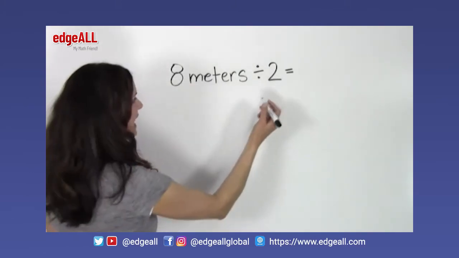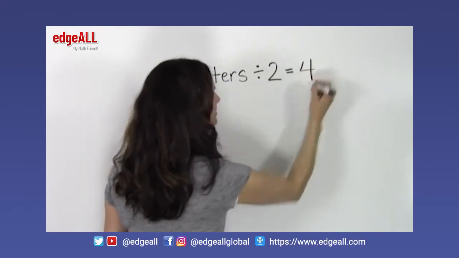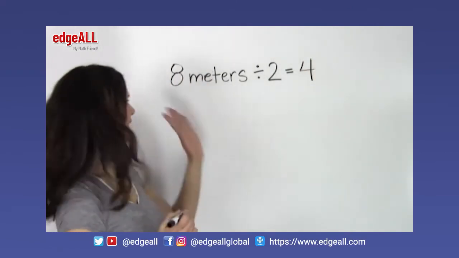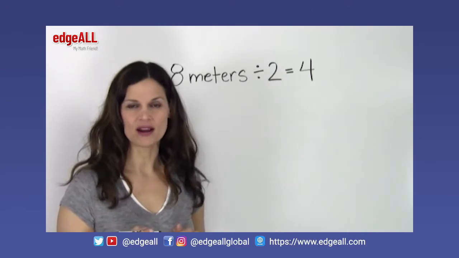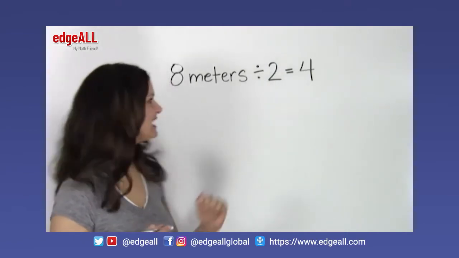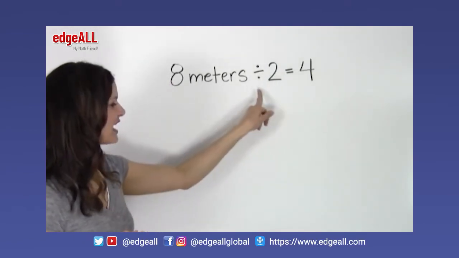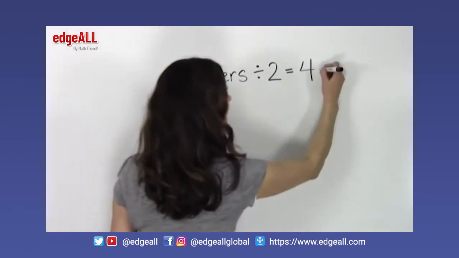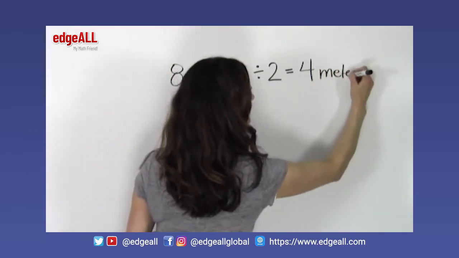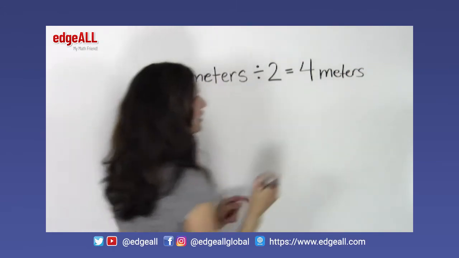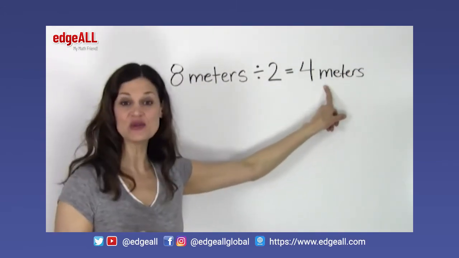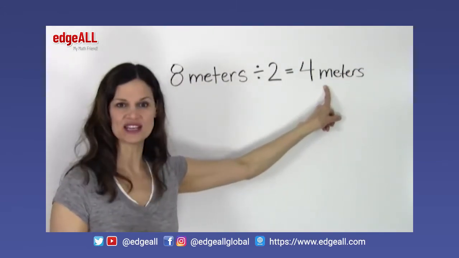So when I write my answer, I can't just simply write 8 meters divided by 2 equals 4. That would not be correct. I need to write 8 meters divided by 2 equals 4 meters. So I want to make sure that I retain my units in the quotient.